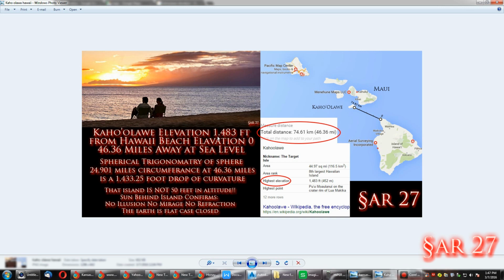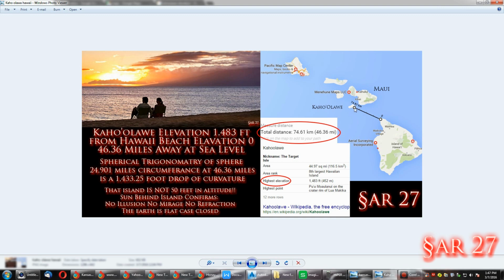Kaho'olawe elevation is 1,483 feet, which is this island right here. They're on the beach here, looking at the island of Maui over here. Kaho'olawe is right there, so it's an elevation of 1,483 feet from Hawaii Beach, and it's a total of 46.36 miles.